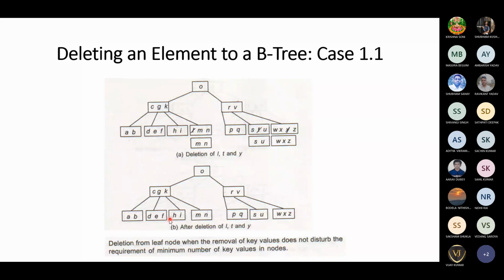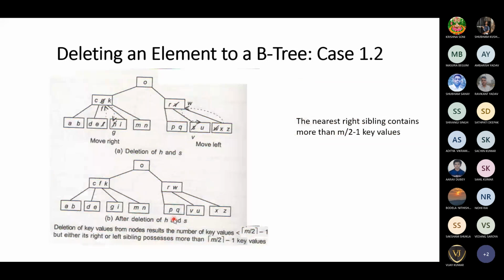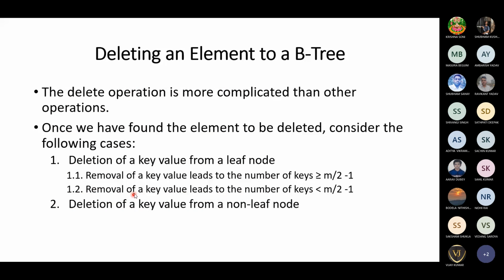So we are trying to bring some balance. If H value is deleted, it is creating some imbalance. The nearest sibling contains more than m by 2 minus 1 values. This is what we discussed, right? Removal of a key leaves the number of keys greater than m by 2 minus 1.